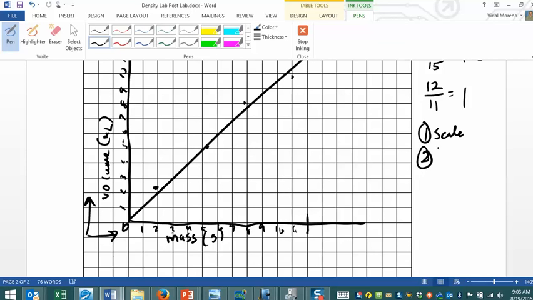Step number 2, line of best fit. Step number 3, inverse slope. Why do we inverse slope? Because we want it to be change in x over change in y, which gives us density. Mass over volume gives us density.